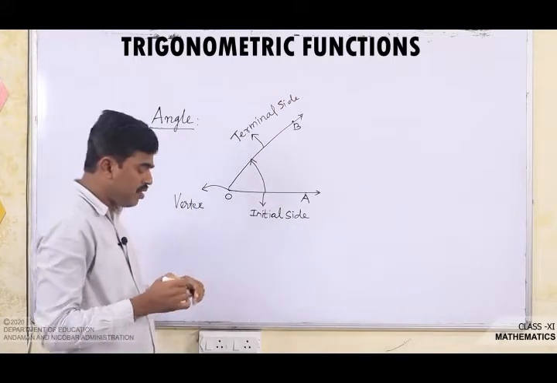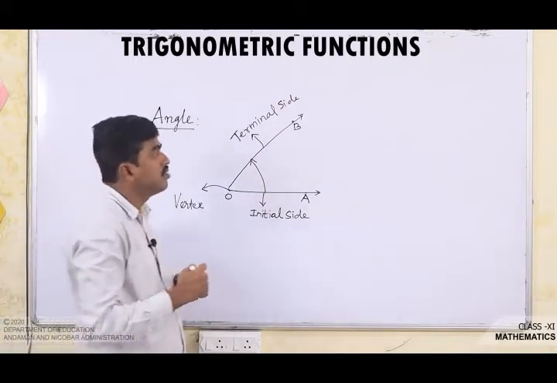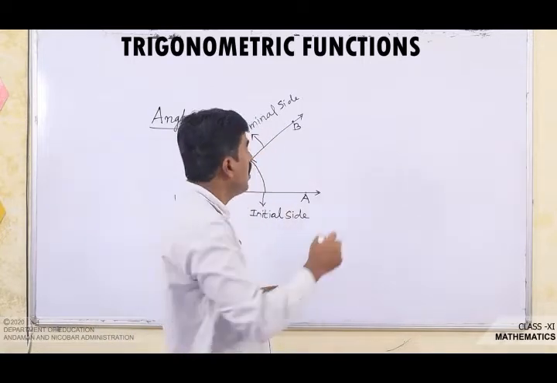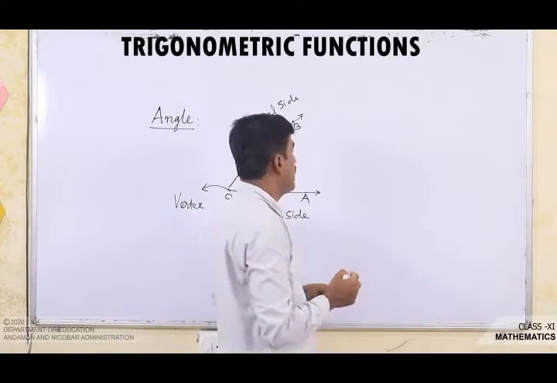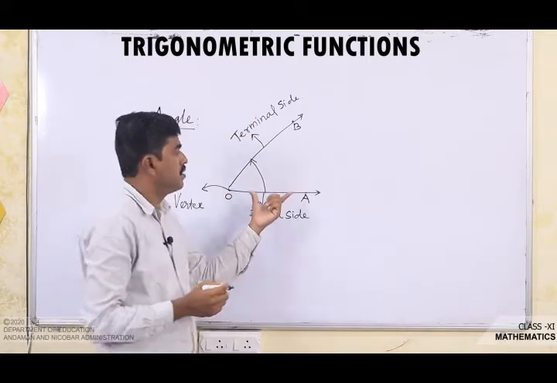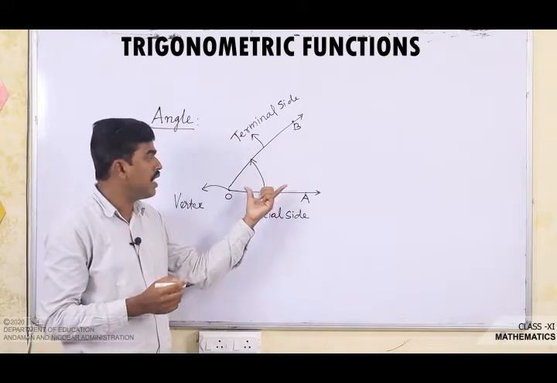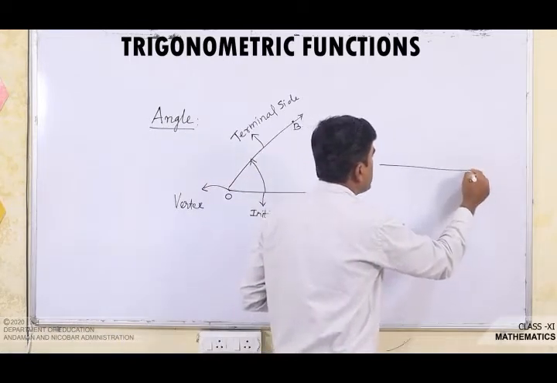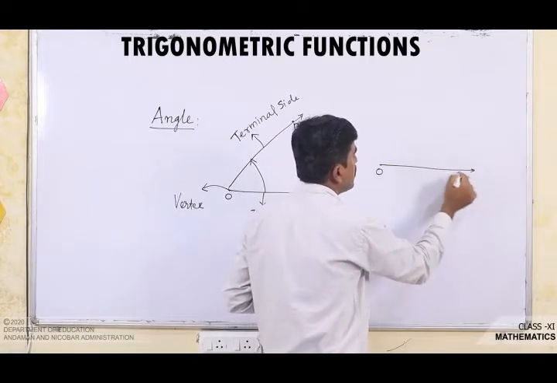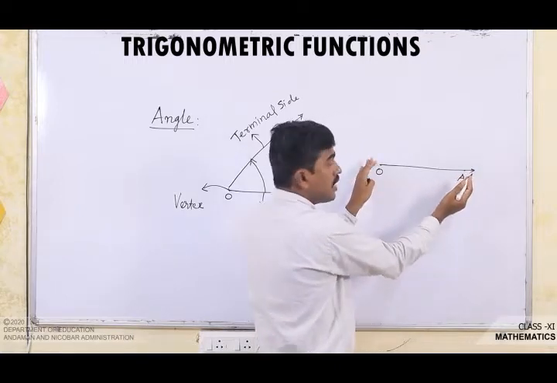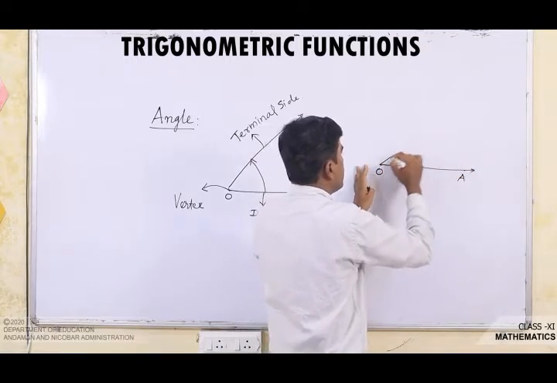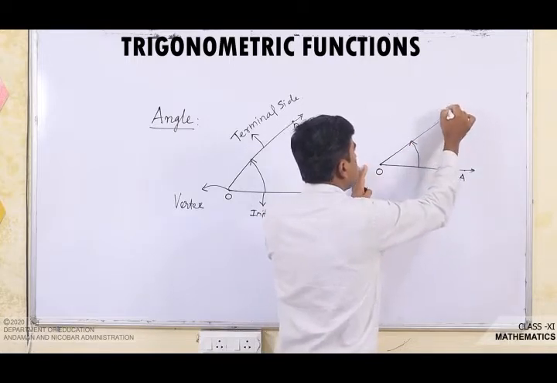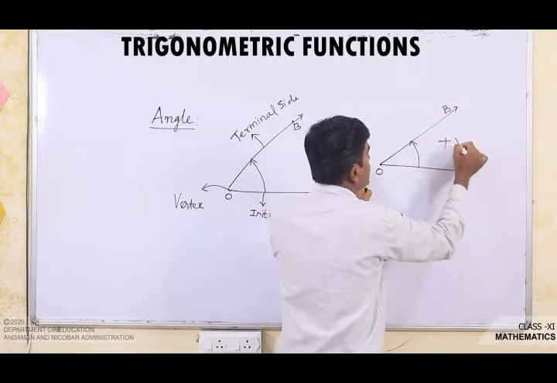Now let us talk about positive angle and negative angle. What is meant by positive angle? If the rotation is anti-clockwise, suppose this ray is rotated anti-clockwise, then we say this is a positive angle.